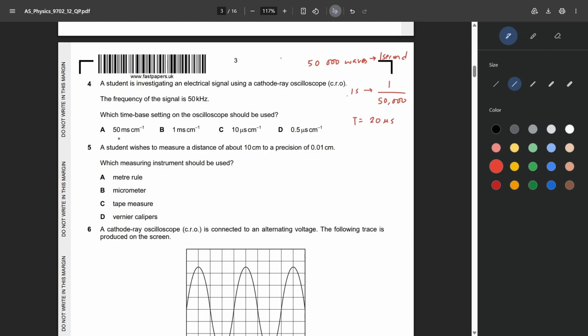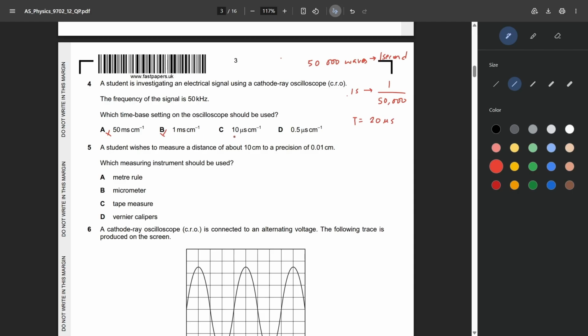Now, if our time-base setting is 50 milliseconds per centimeter, that would have about 2,500 waves in a 1 centimeter block. If the time-base setting is 1 millisecond per centimeter, it's going to have about 50 waves in a 1 centimeter block. Both of these options have way too many waves in 1 centimeter, right? So option A and option B won't really work.